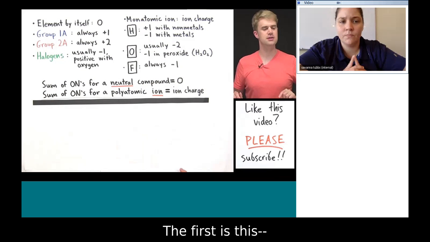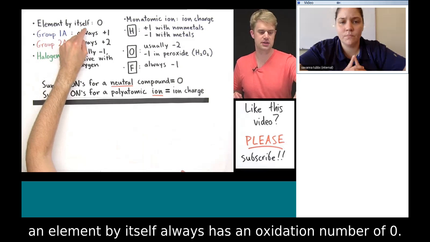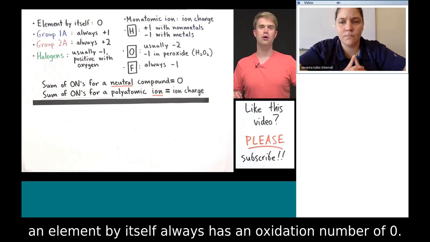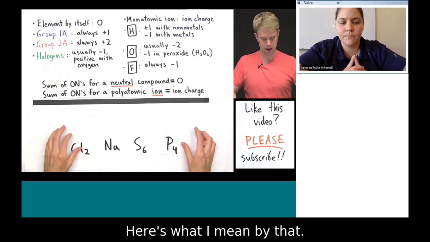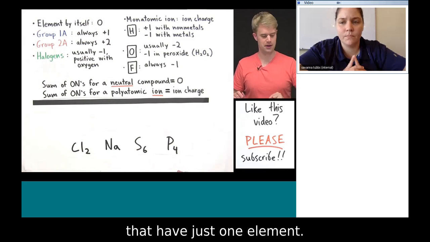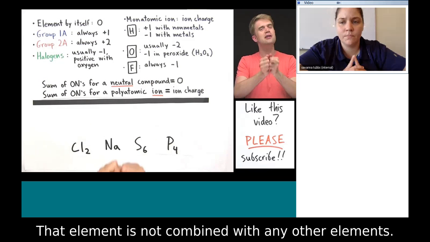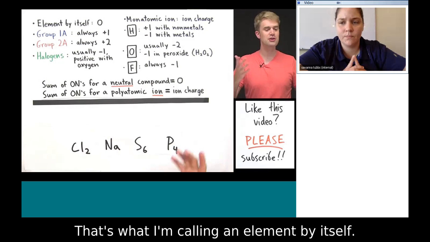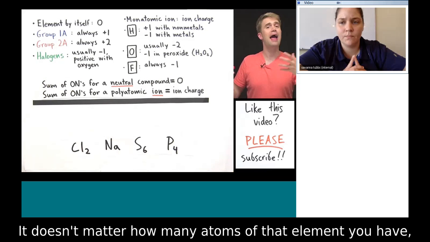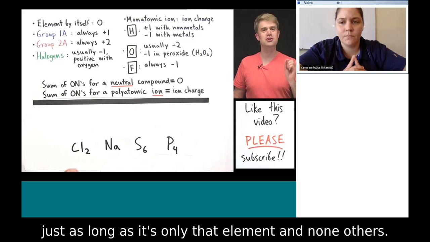The first is this. An element by itself always has an oxidation number of 0. Here's what I mean by that. There are a lot of chemical compounds that have just one element. That element is not combined with any other elements. That's what I'm calling an element by itself. So that's something like Cl2. It doesn't matter how many atoms of that element you have, just as long as it's only that element and none others.